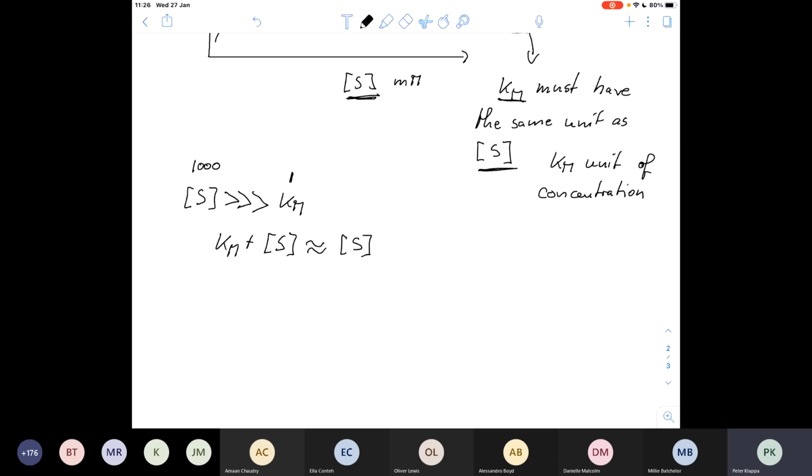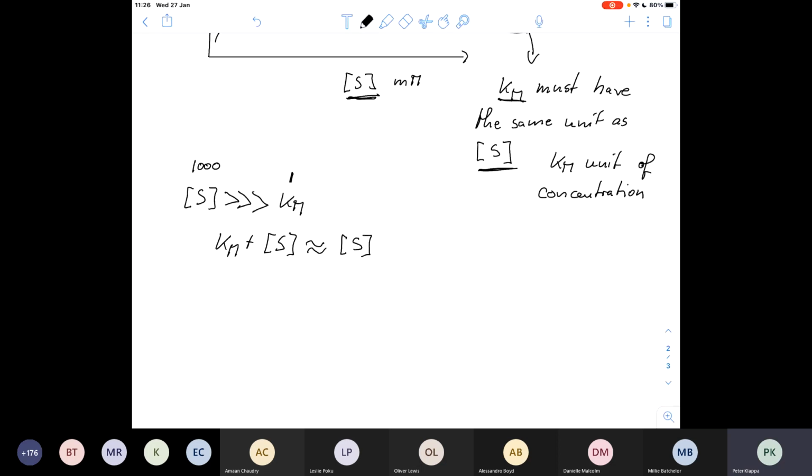What do we get for the sum of Km plus S? 1001. Absolutely right. We get 1001.